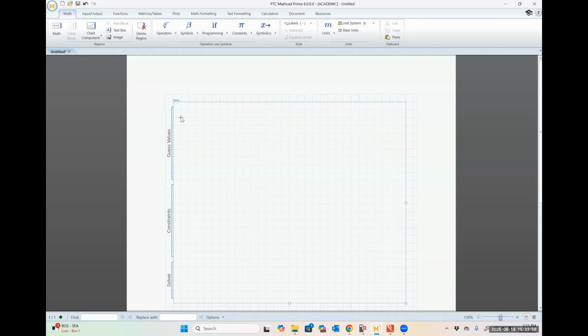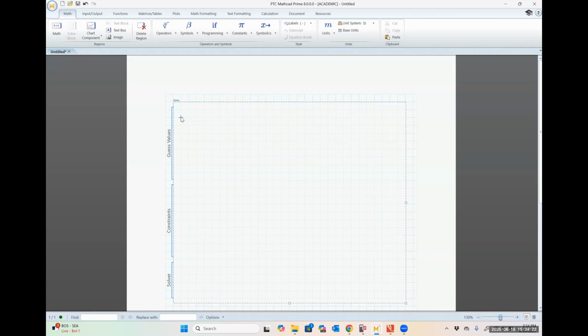So anyway, this guess value section is kind of like where we would declare our variables at the beginning of a computer program. So I'm going to have my 5 nodal voltages, VA through VE, as well as my controlling variables, VX and VY here.